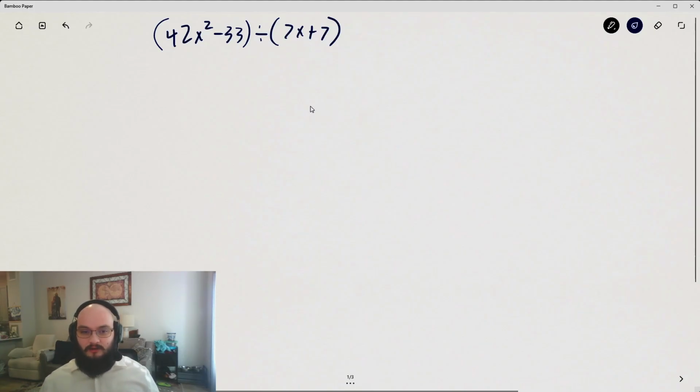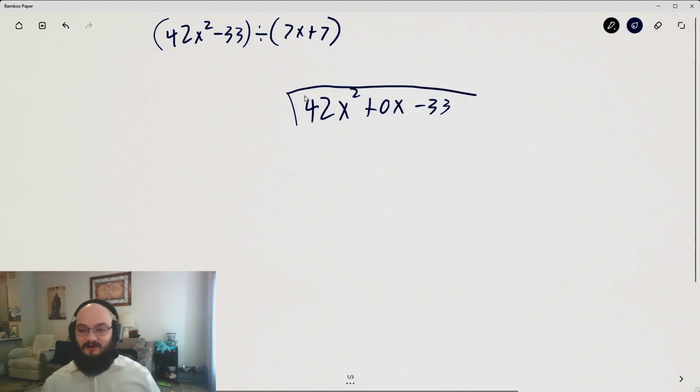So let's write out our long division. We have 42x squared plus 0x minus 33. All of that divided by 7x plus 7. We need to figure out what is 42x squared divided by 7x. That will be 6x.